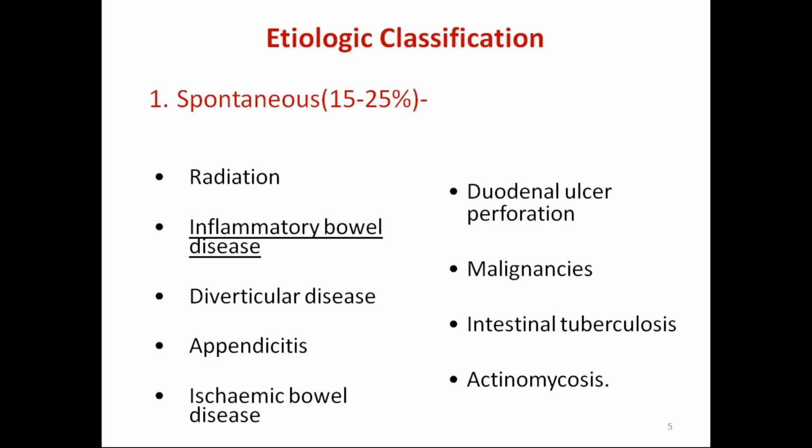R is for radiation, and E is for inflammation. Then ischemic bowel disease and diverticular disease, appendicitis, malignancies, duodenal ulcer perforation, and actinomycosis.